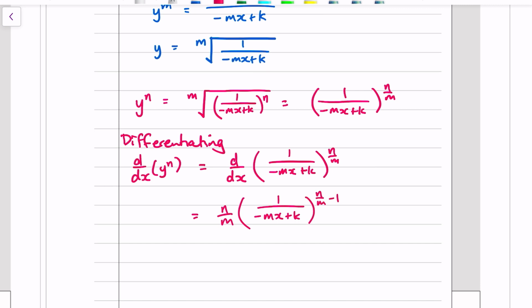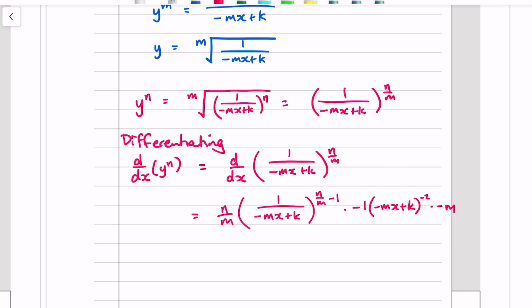And now we need to times by the derivative of the inner function, which is, the inner function there is actually negative mx plus k all to the negative 1, which would differentiate to minus 1 negative mx plus k to the minus 2, and then multiply by negative m using chain rule.